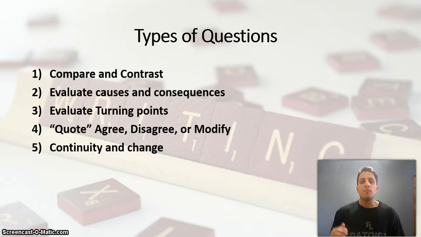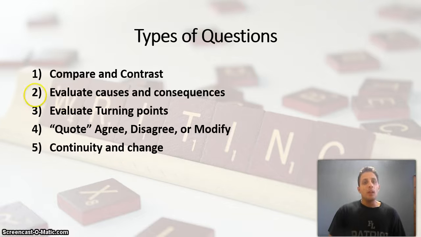Evaluating is analyzing the history, giving reasons behind why things happen, synthesizing it, being able to pick it apart and decipher it. It's not just about telling what happened, it's about evaluating it, analyzing it, seeing trends in the history, and being able to make valid conclusions based off of what you know. So again, evaluate causes and consequences: why did it happen, and then the effects of it happening.